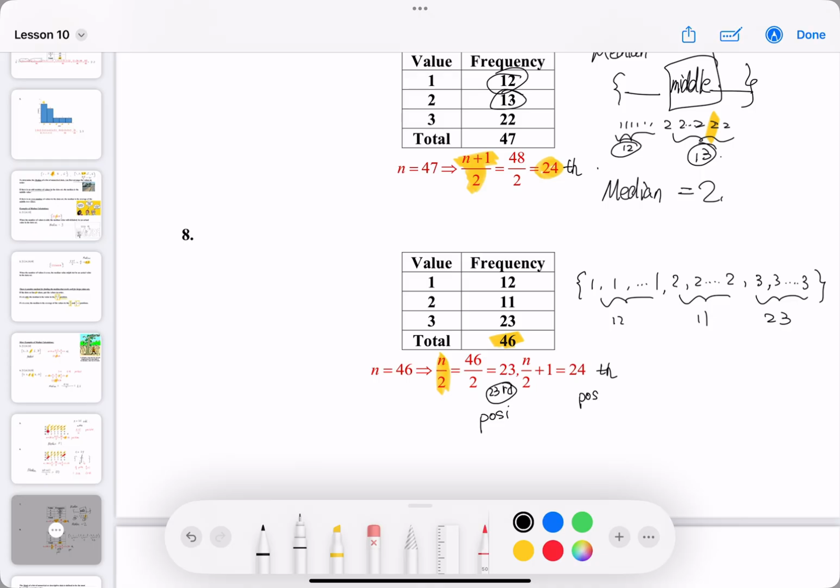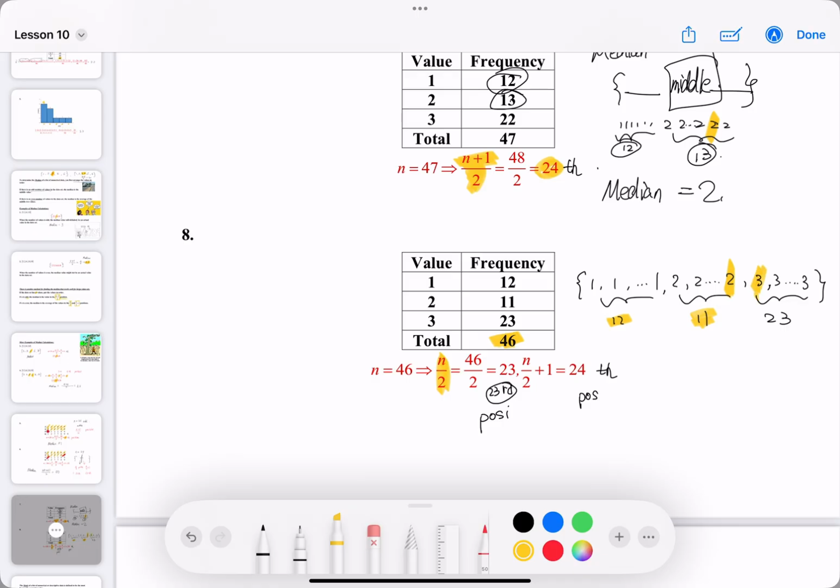Okay, so which is my 23rd position? You see here, we have 12 ones, 11 twos. That means the last 2 is the 23rd position. And the next one is 24.